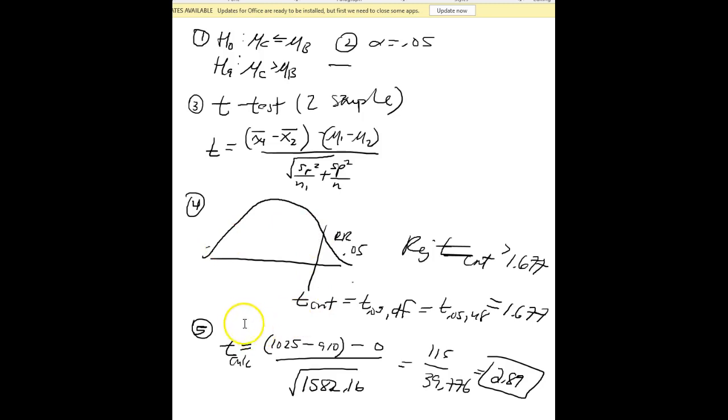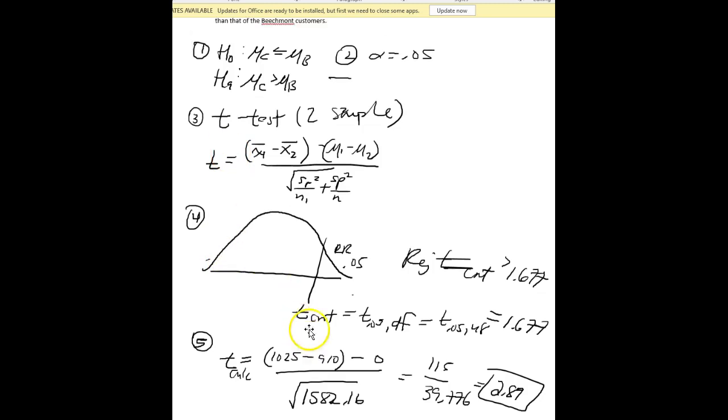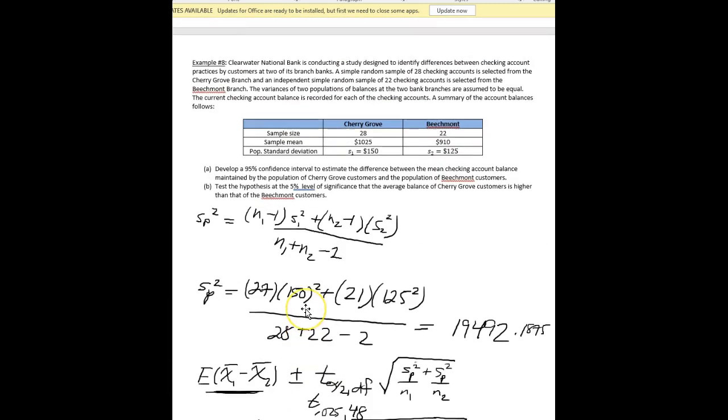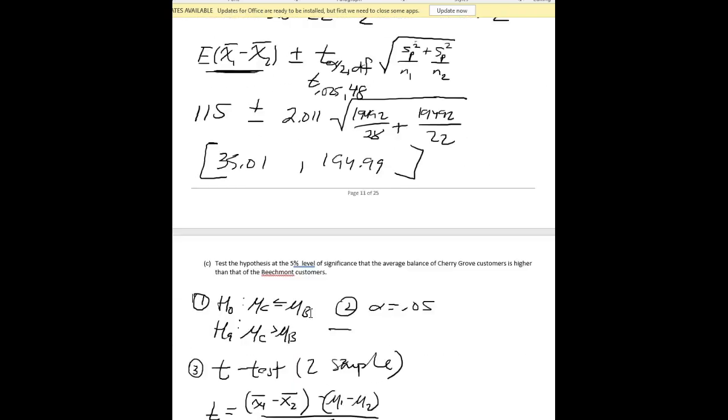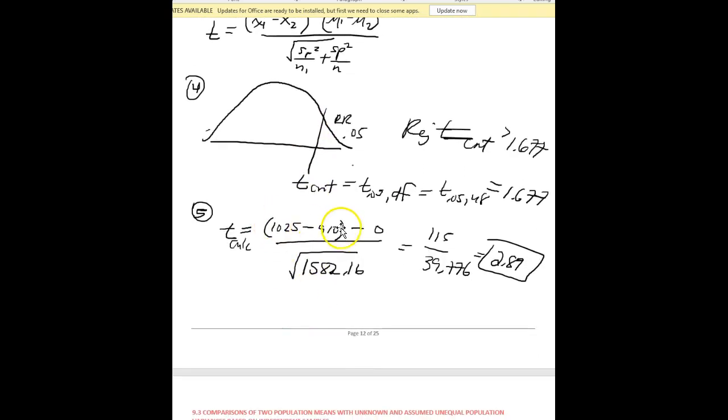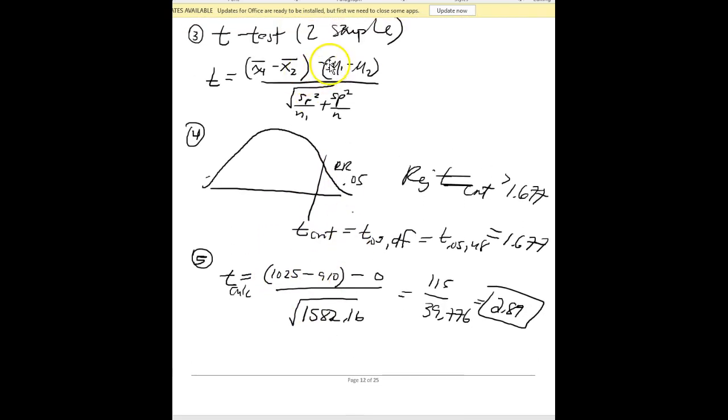Okay, this is what our calculation looks like. This is us just plugging the numbers into the formula. And this is us plugging in our sample means, subtracting them from each other, and then subtracting off the proposed difference in mu. Whenever you see this mu1 minus mu2, unless we are proposing that there is some actual difference, if we're just comparing them to each other, we just propose that this difference in mu's is just 0.